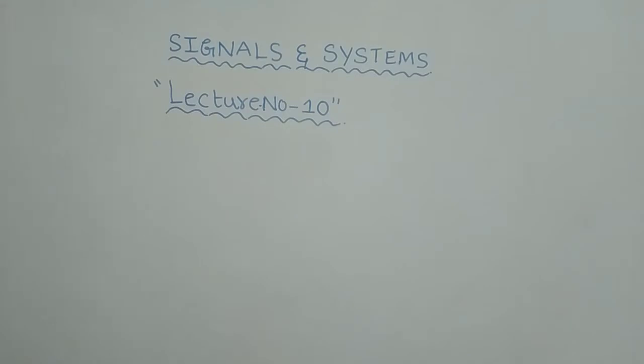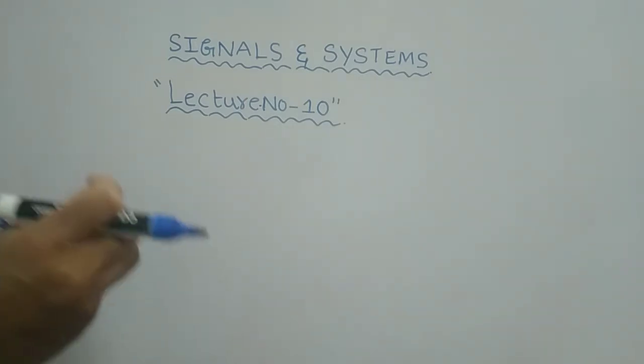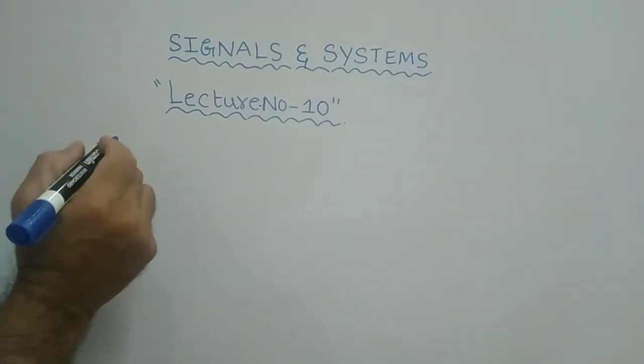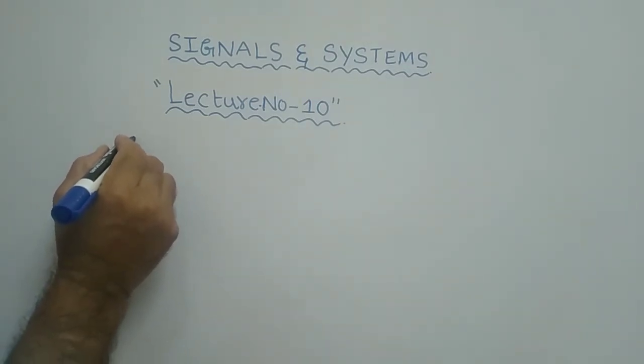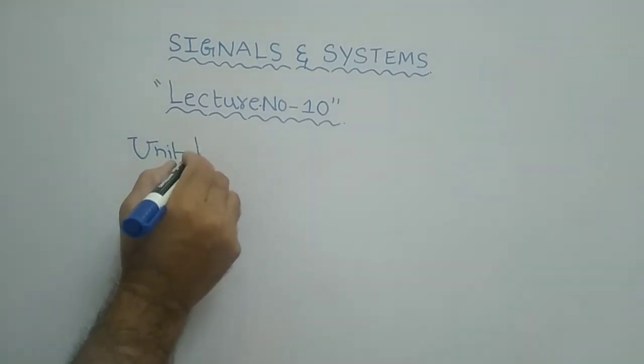Out of those classifications of elementary test signals, the first and foremost is the unit impulse signal. In the last presentation, we saw the definition of a unit impulse function and how it is defined.